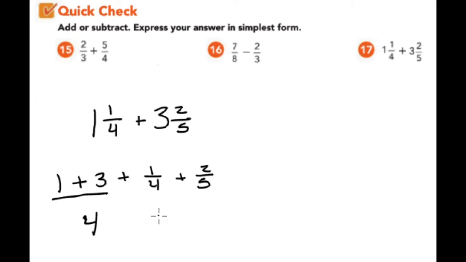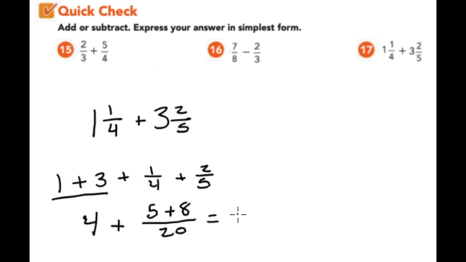And our 1/4 and 2/5 would have a common denominator of 20. 4 goes into 20 5 times. 5 times 1 is 5, plus 5 goes into 20 4 times. 4 times 2 is 8. When we add 5 and 8 together, that gives us 13/20.